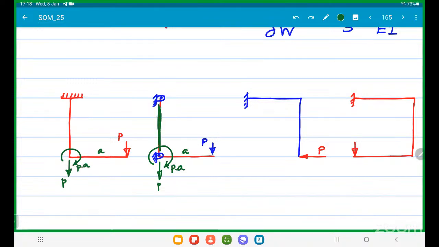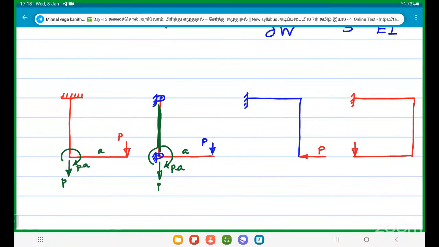Here, in this vertical member, how many loads are acting? Tell me, how many loads are acting in the vertical member?